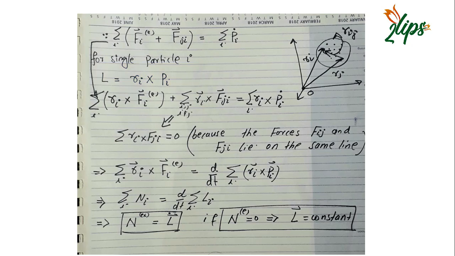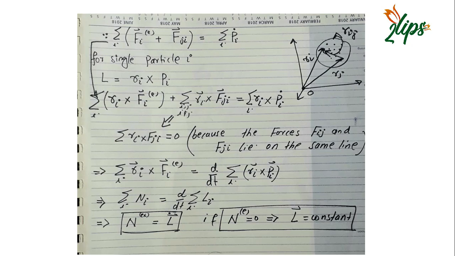It must be noted that we are considering the angular momentum about this point O. So this is Newton's second law, and now I want to find an expression for angular momentum for the system of particles. Okay, now consider an ith particle in the system, and the position vector of that particle with respect to our origin is r_i.